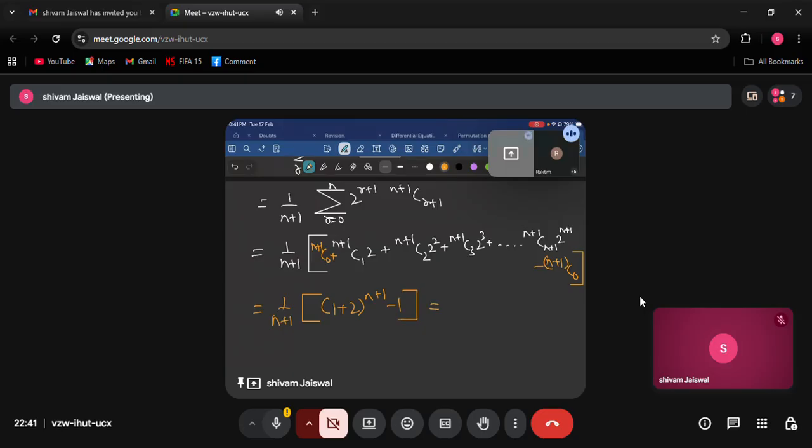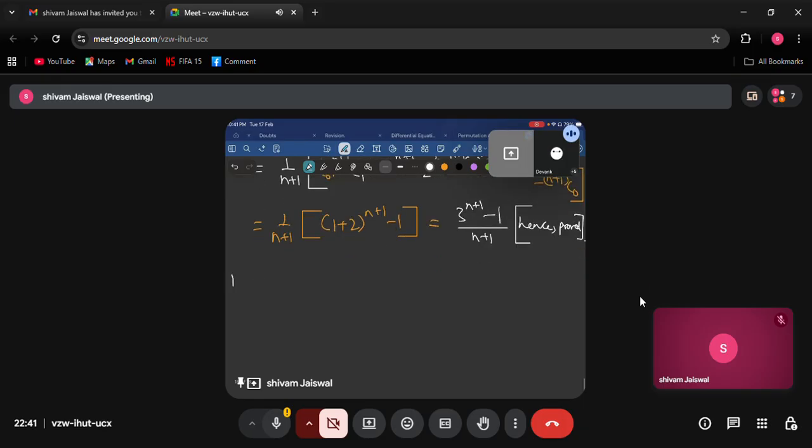Okay, I think this is what we needed to prove. This will be equal to 3 to the power n plus 1 minus 1 upon n plus 1. Hence proved. Tell me. Shamita, Raktim, is it clear? Yes. Devang, Anandit, is it clear? Yes, sir.